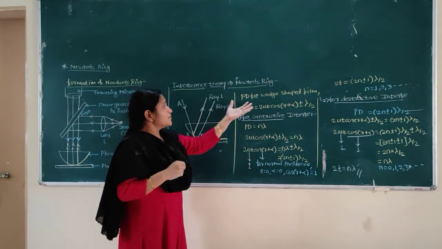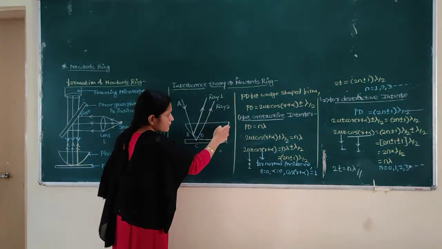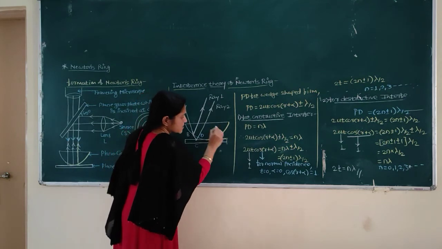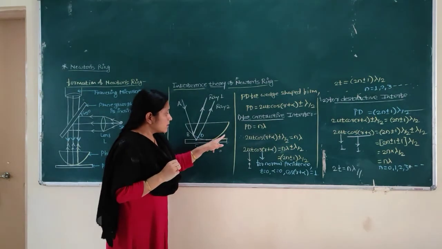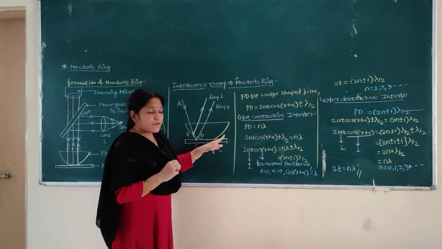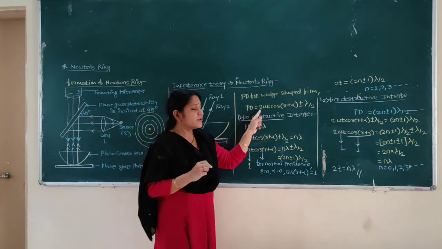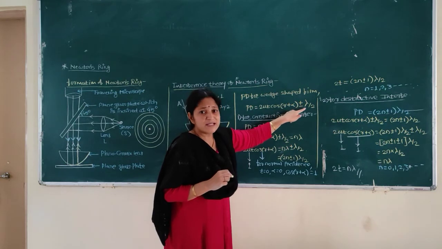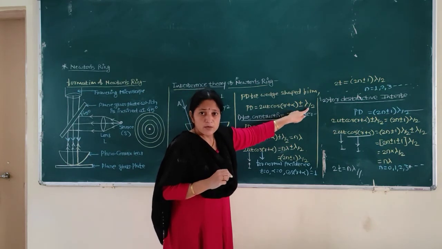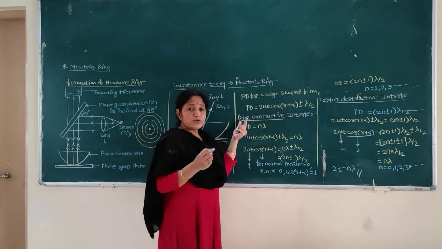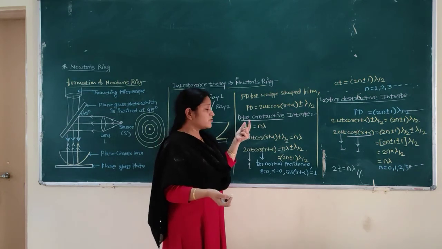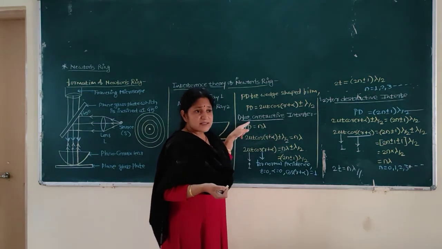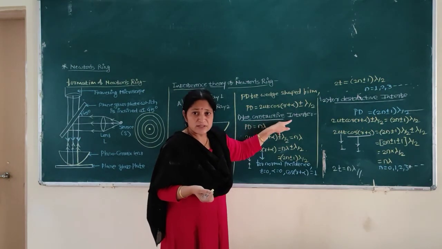Understood? After that, now this is the wedge-shaped film. See here, wedge-shaped film is there. So we know that path difference for the wedge-shaped film, we can write 2μt cos(r + α) ± λ/2. Okay? Now we know that there are two conditions, condition for maxima and condition for minima. Now first we discuss the condition for constructive interference.